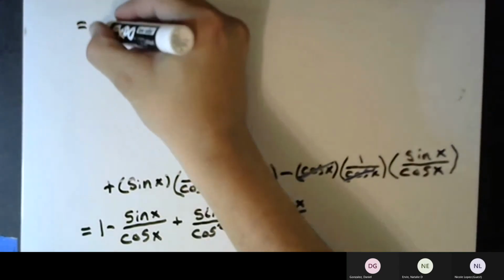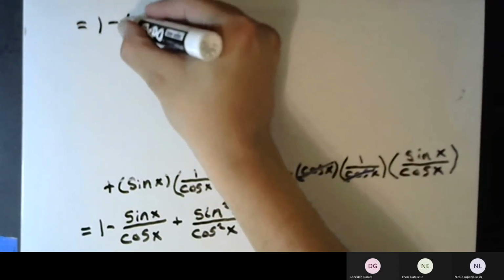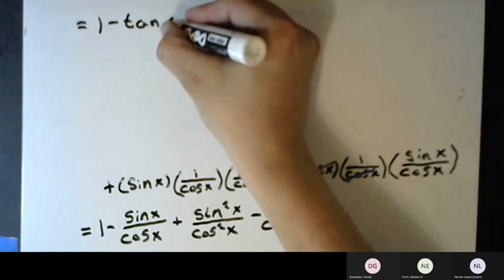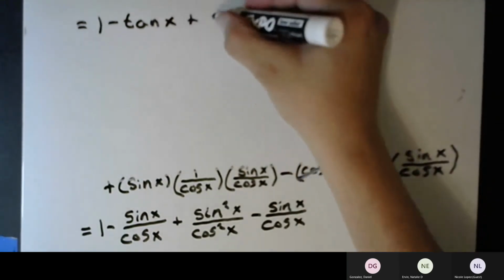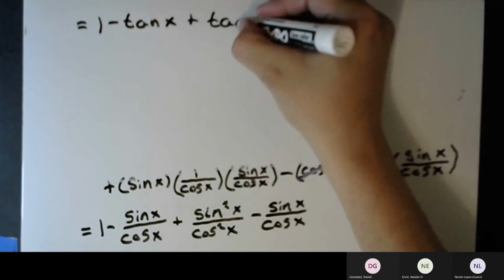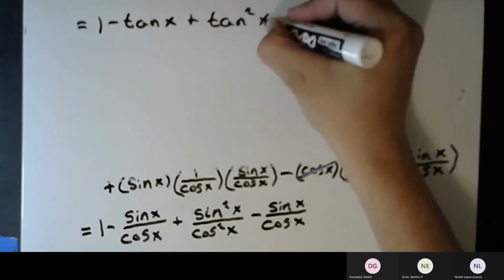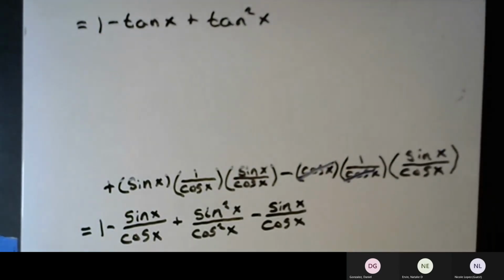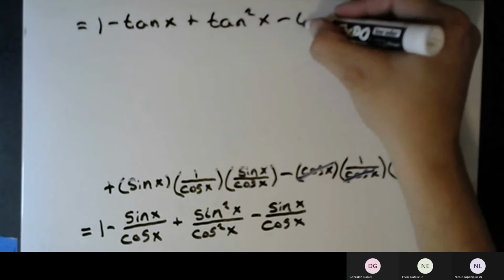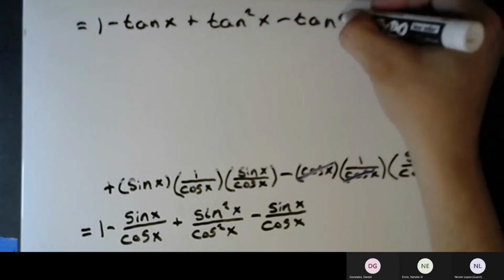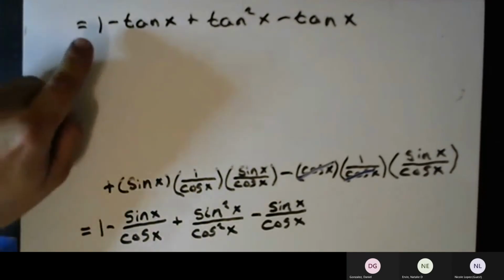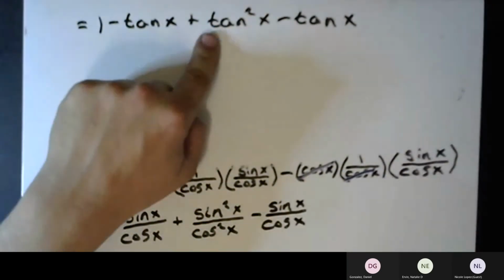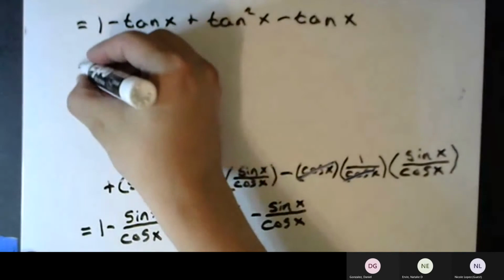And this will give us 1 minus tangent x. This is going to be a tangent squared x. And then we have minus a tangent x again. And then 1 plus tangent squared x.